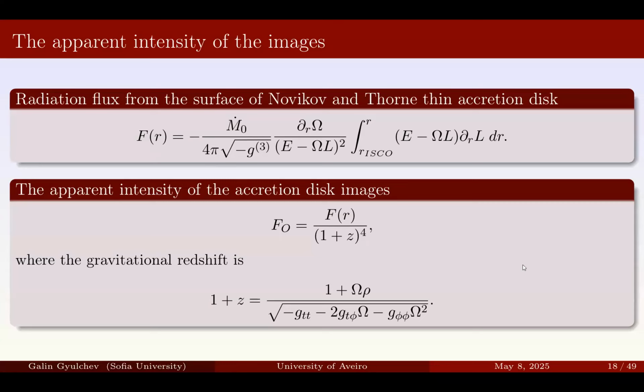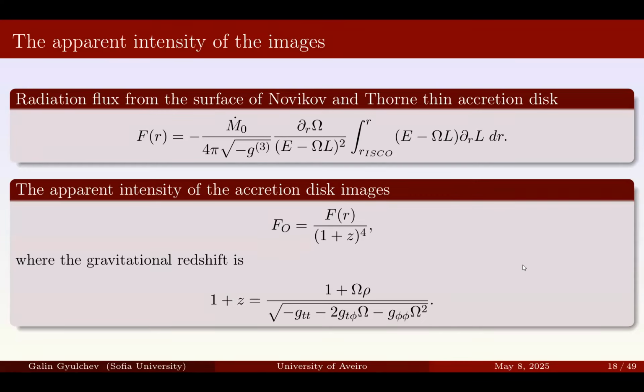Now if we consider the observation, following the simple procedure of the Novikov-Thorne model, the most simple assumption is that the mass accretion rate is constant. I believe this is not so realistic, but it's a very good approximation to assume that the mass is not changing in time.